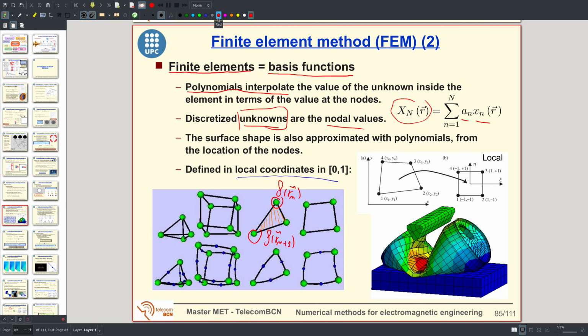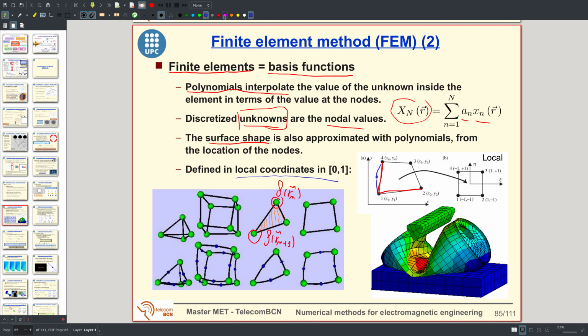But what is very interesting is that not only the function is interpolated using polynomials inside the elements, also the shape of the surface, that is the shape of the elements, is interpolated. In this case, it is a first order polynomial, that is a straight line, but if we define another node at the middle, it could have been a parabolic side, as I told you before.